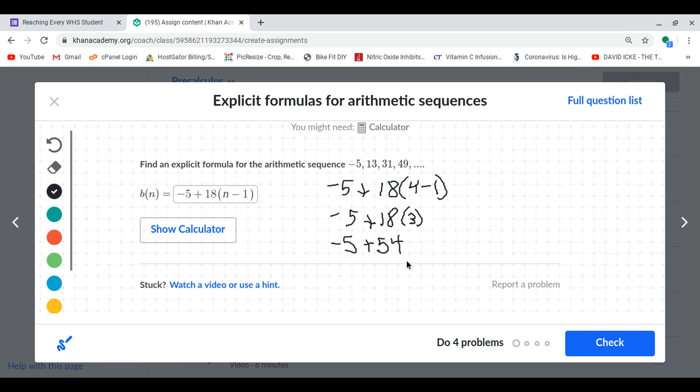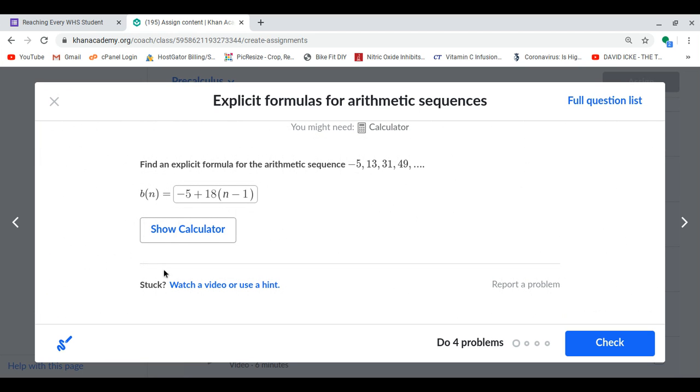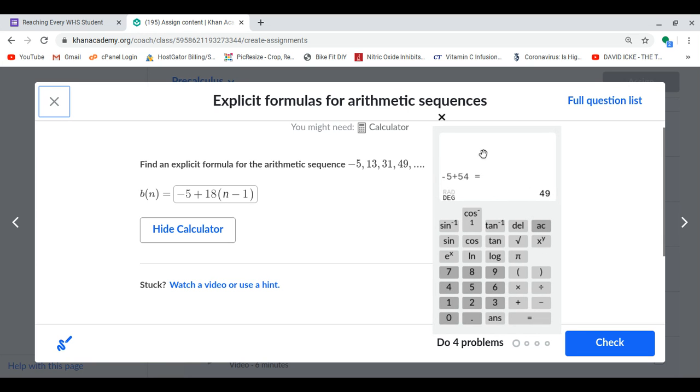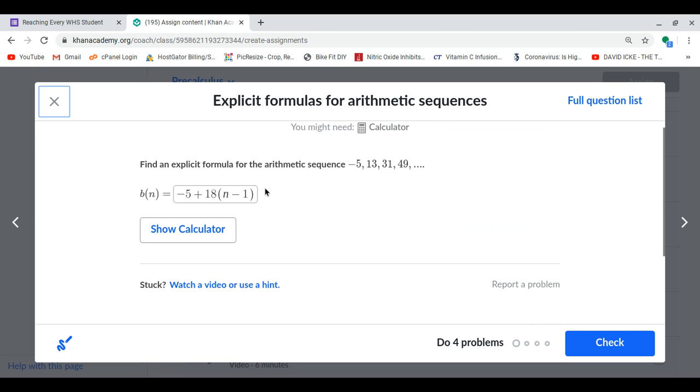So again, let's remember those two numbers. We'll clear the calculator. -5 plus 54. Well, that equals 49. So that's our fourth term. So we confirmed our formula will work.